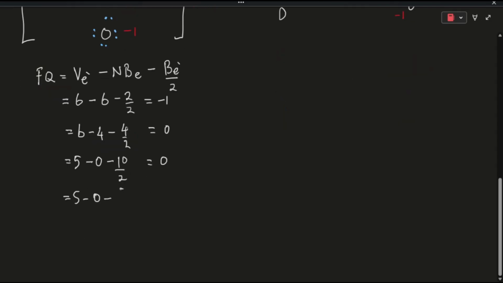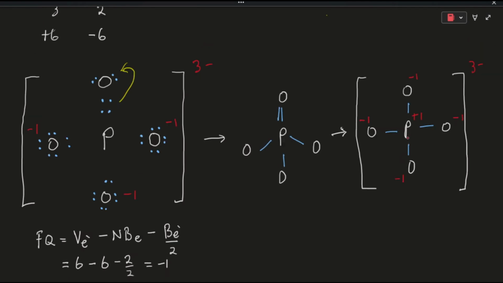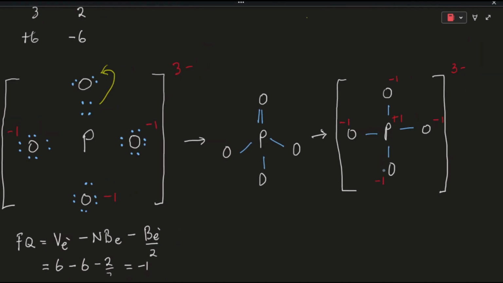So we are going to have 8 over 2, and that is going to give us 5 minus 4, and that is going to be +1. So when it so happens, still the net charge on this molecule will still be -3. Now let me quickly show the electrons around the atoms.